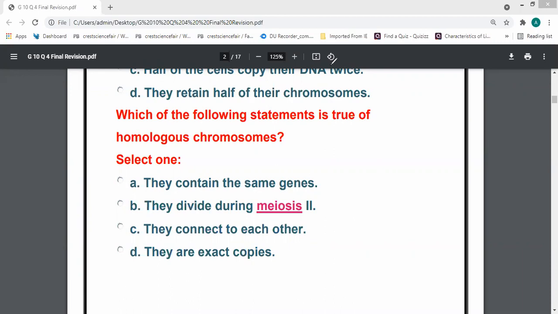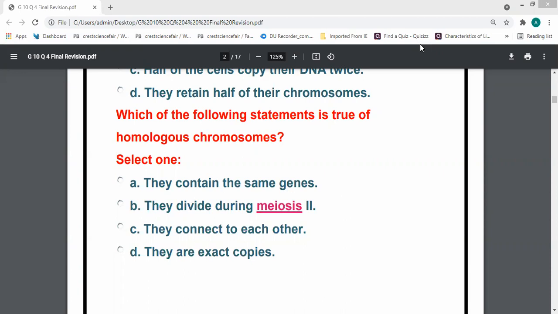It means they are similar in everything, not only the genes, but similar in shape, size, structure, and type. Right.